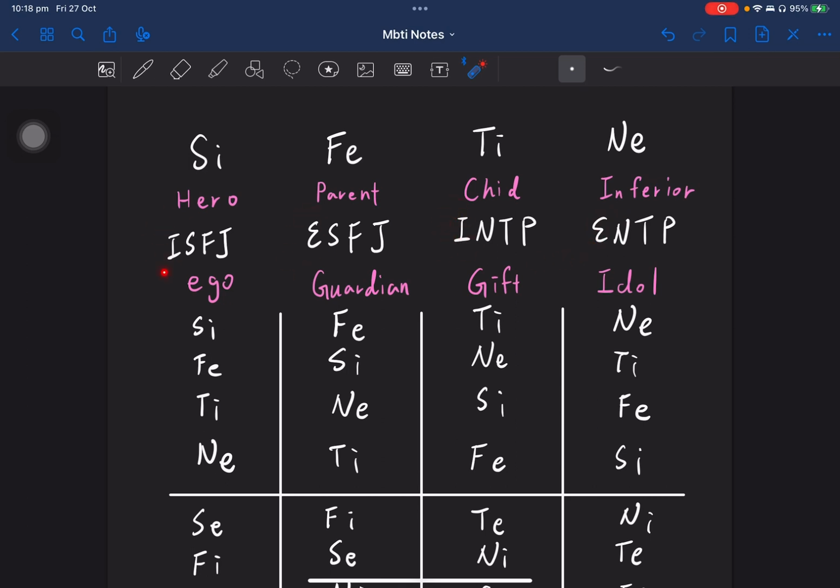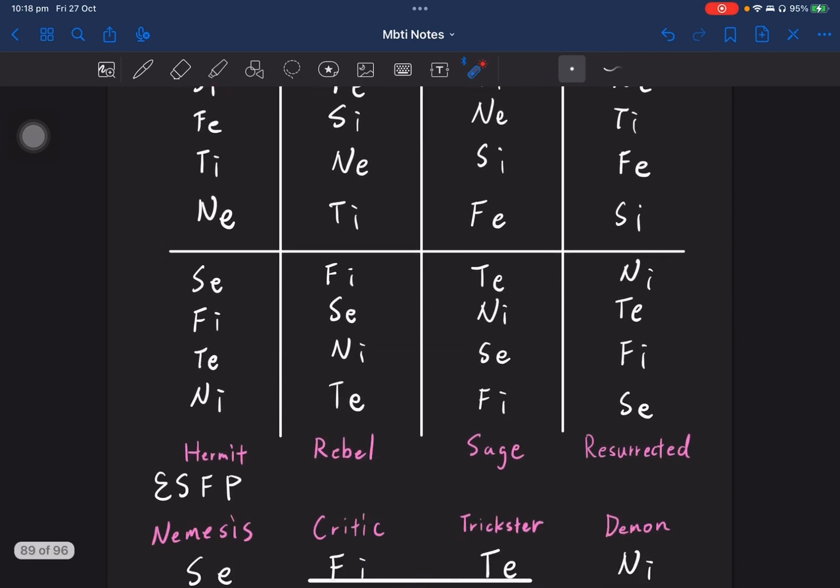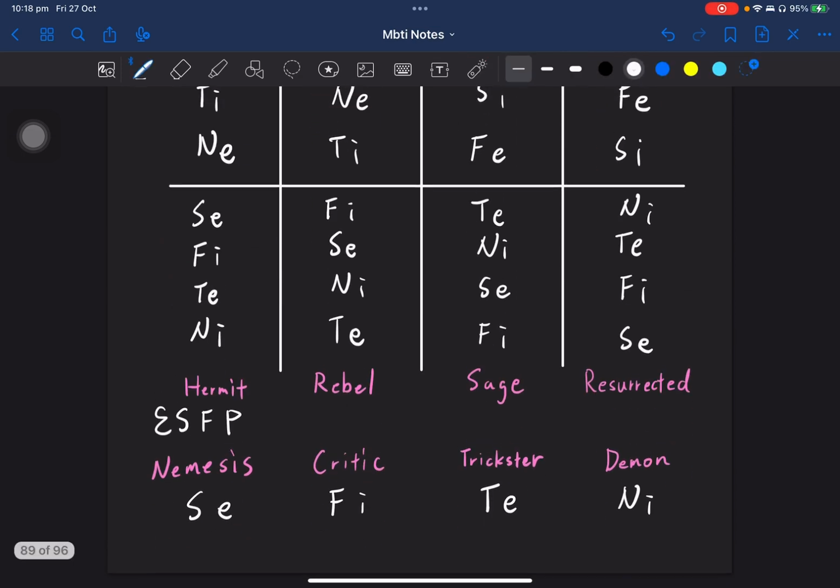Same thing goes here. This one is definitely an introvert, SF, and it's got a perceiving function, so it's a P. This one is an extrovert, T, and they have a judging function, so it's a J type.